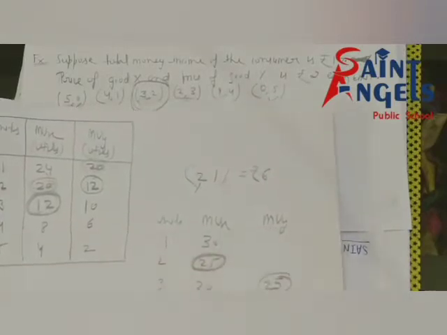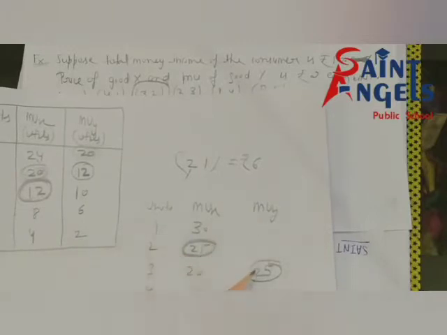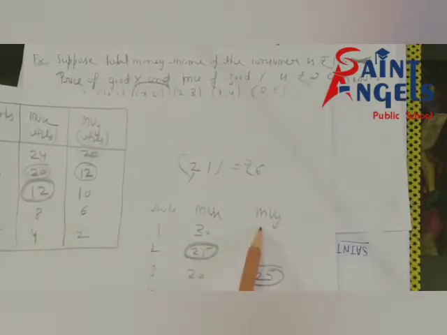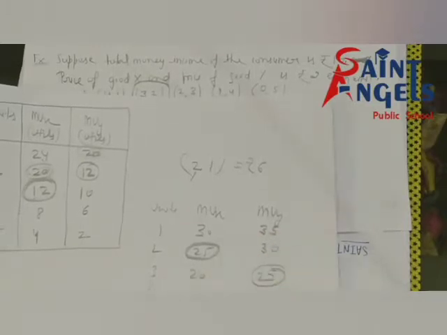Now you can put any value here, but the values should be in decreasing order. Suppose 35, 30, 20, 50.